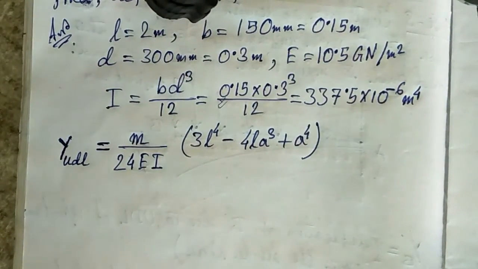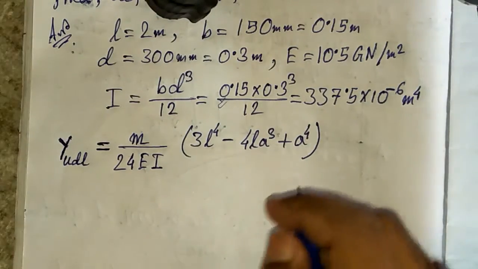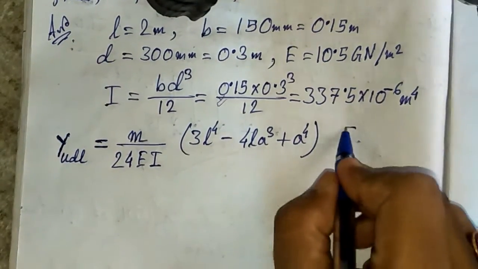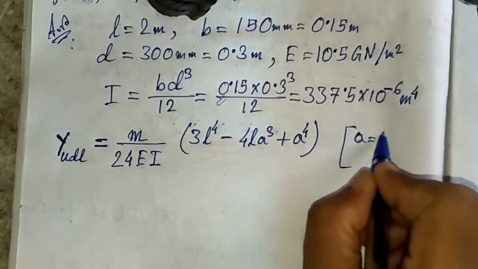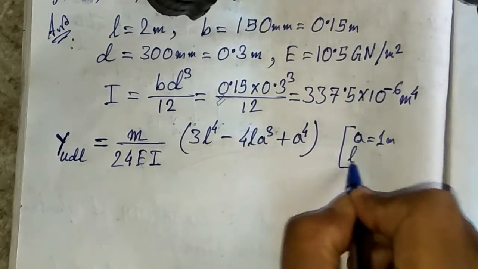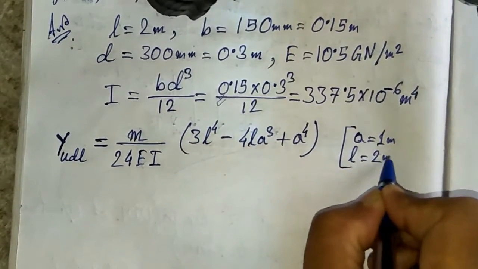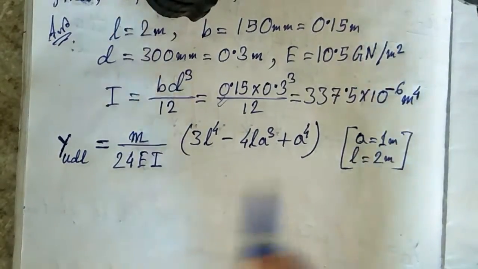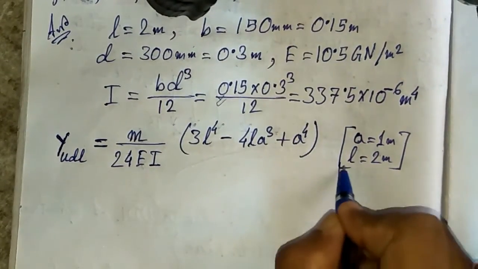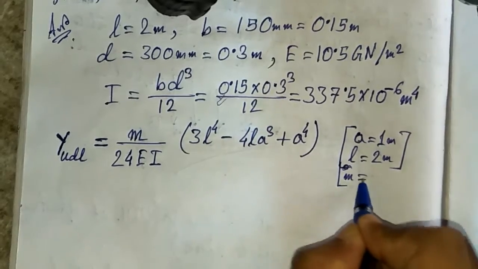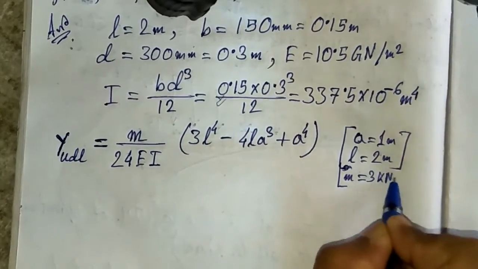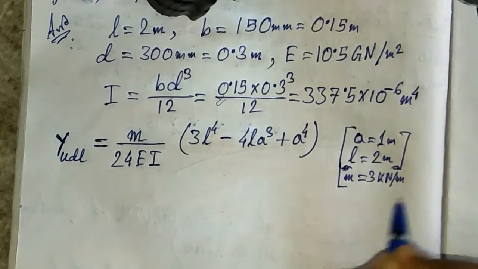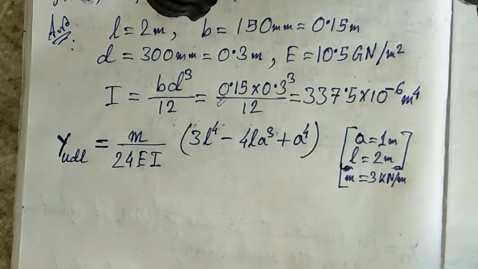One thing, the value of A is 1 meter and the value of L is 2 meter. Another thing, the value of M is 3 kilonewton per meter. So let's substitute all these values.